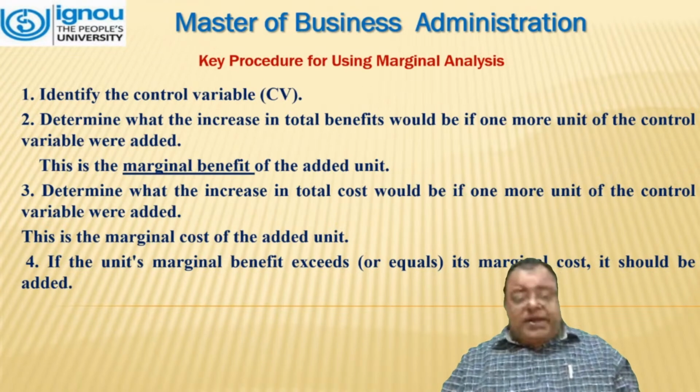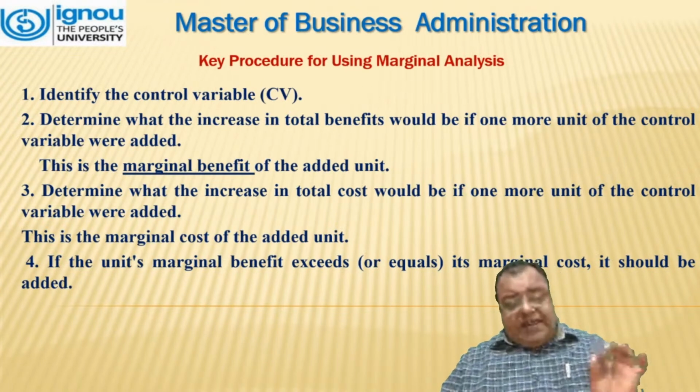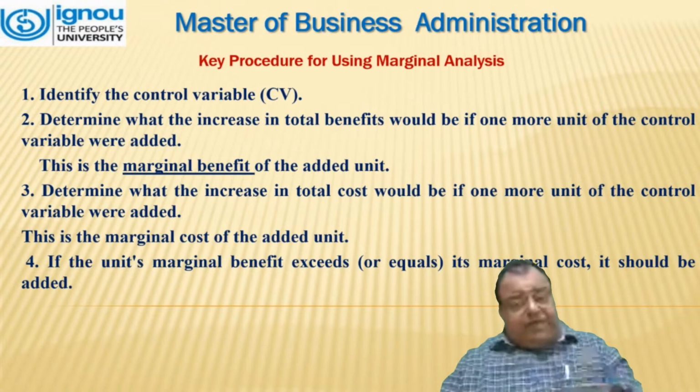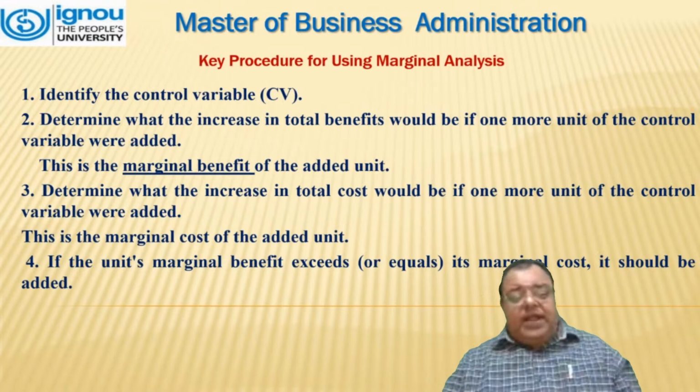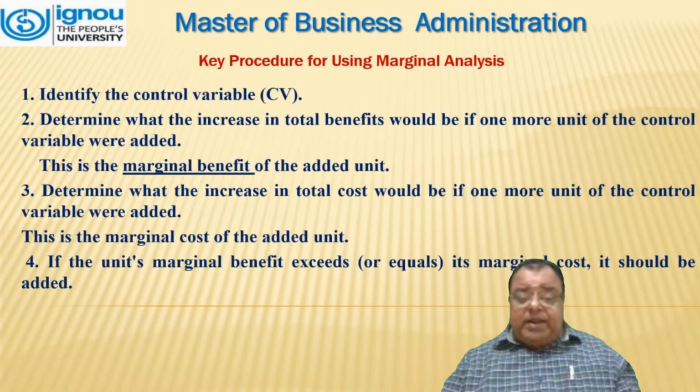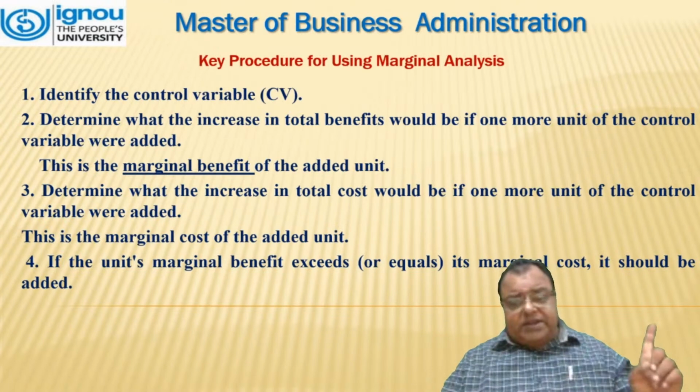Third, determine what the increase in total cost would be if 1 more unit of the control variable were added. This is the marginal cost of the added unit. And if the unit's marginal benefit exceeds or equals its marginal cost, it should be added.